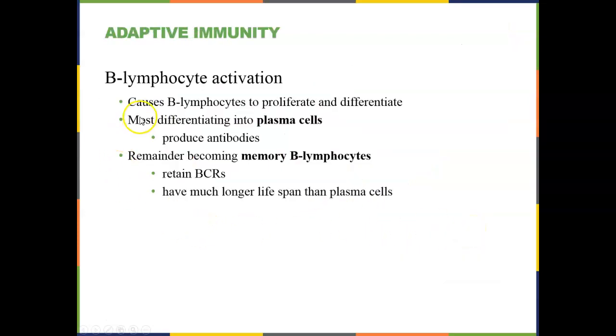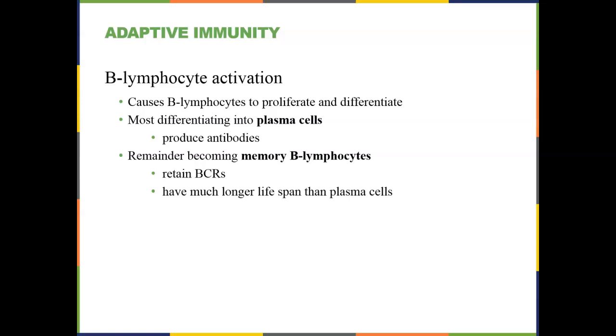And so it does so by producing identical copies of plasma cells, and these plasma cells produce millions upon millions of antibodies. The other B cells become memory cells, and they remember that pathogen, and they can respond very rapidly.